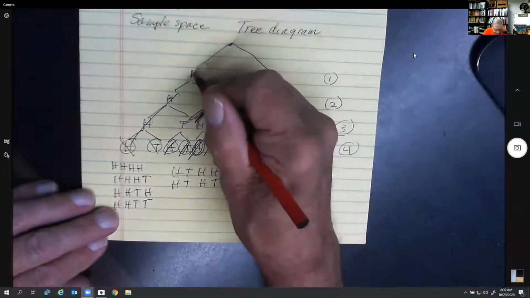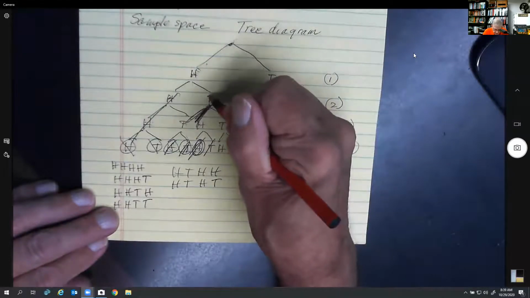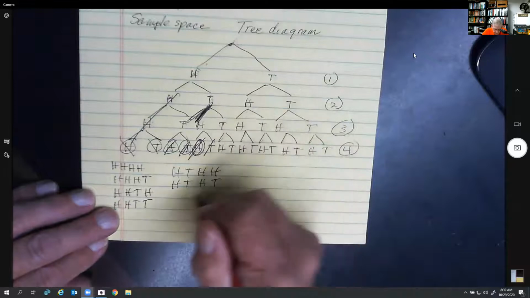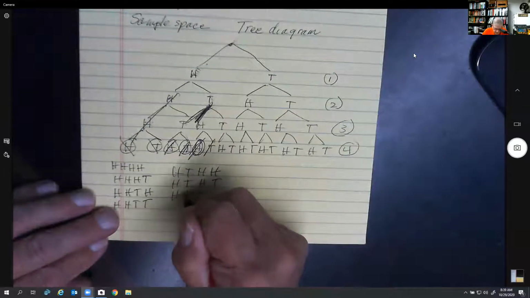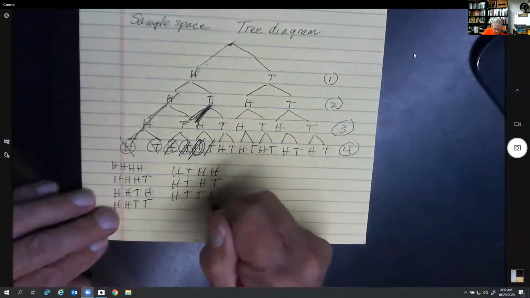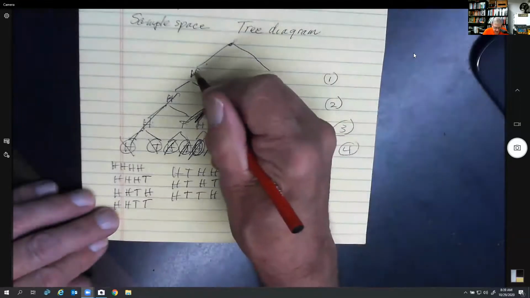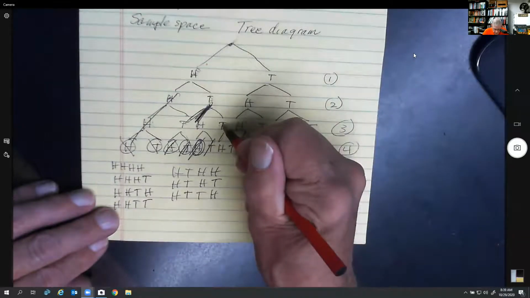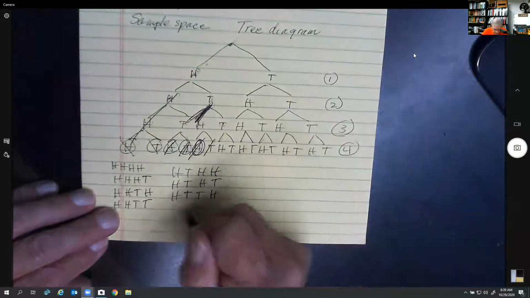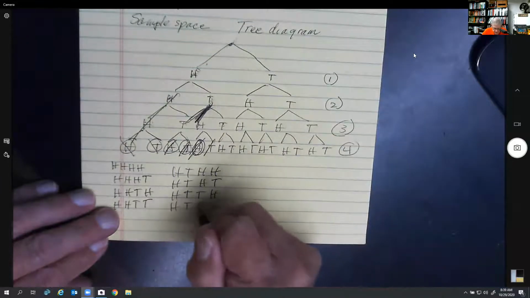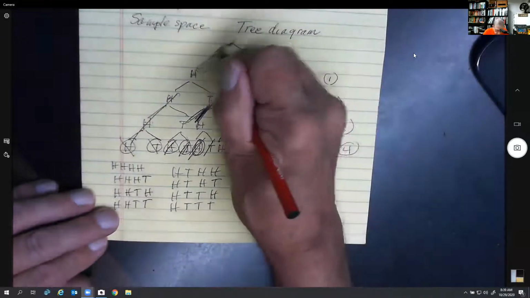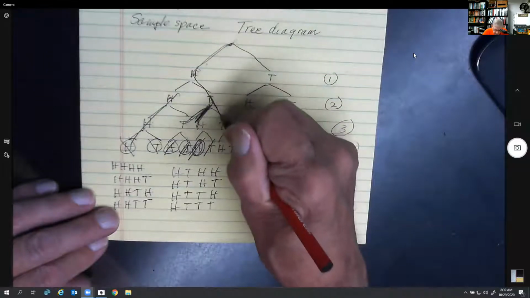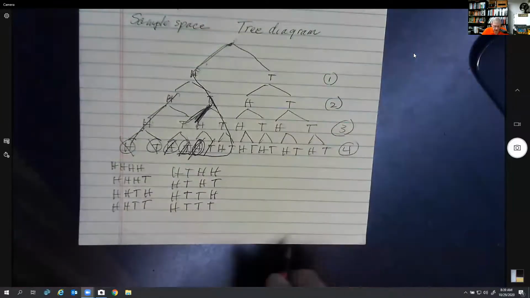Okay, now I got a head, tail, tail, head, and then finally a head, tail, tail, tail. So this line is pretty much done.